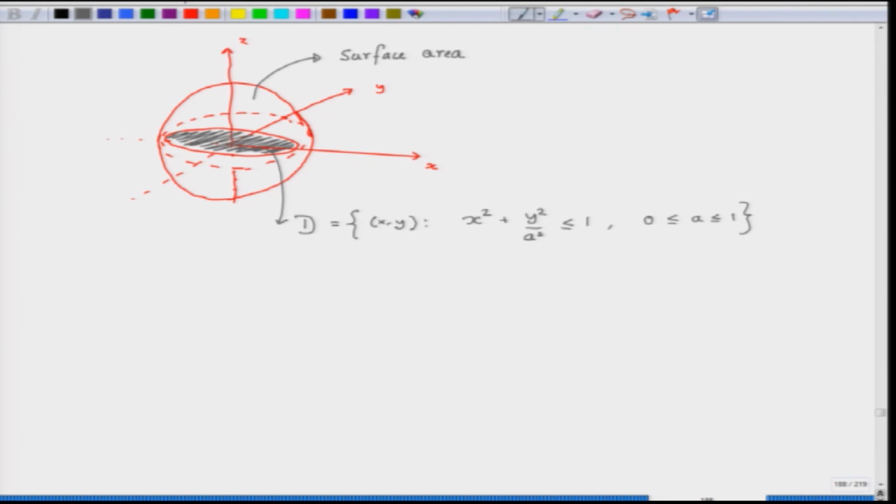So, take this up as a small homework, because first you have to observe that you can write D as a type 1 domain. Why is it a type 1 domain? Because I can write y between these two functions.